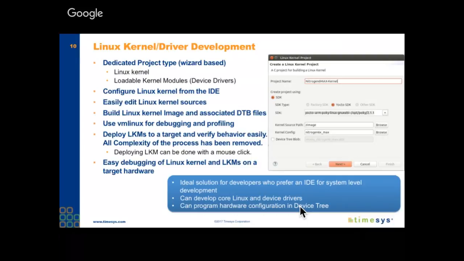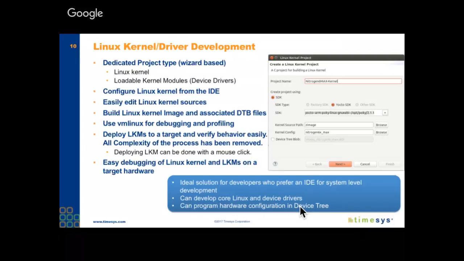Once the Linux kernel project is set up in TimeStorm, it offers you the ability to configure that Linux kernel from within the IDE. You can then use the state-of-the-art editor to modify the Linux kernel sources.